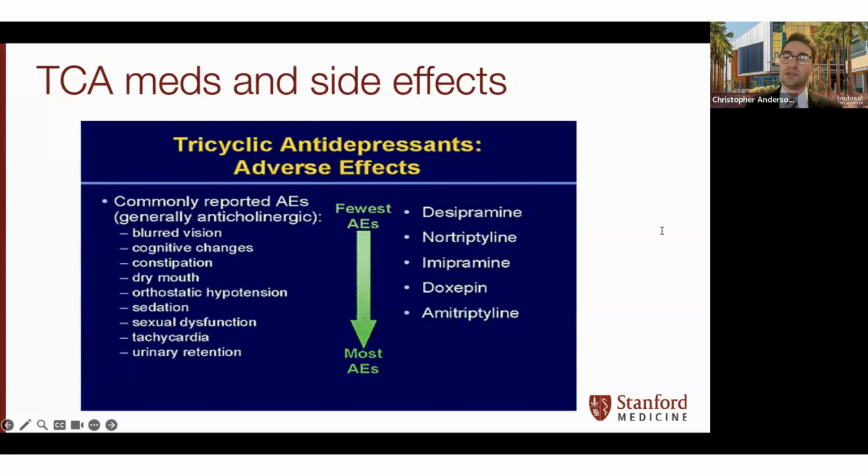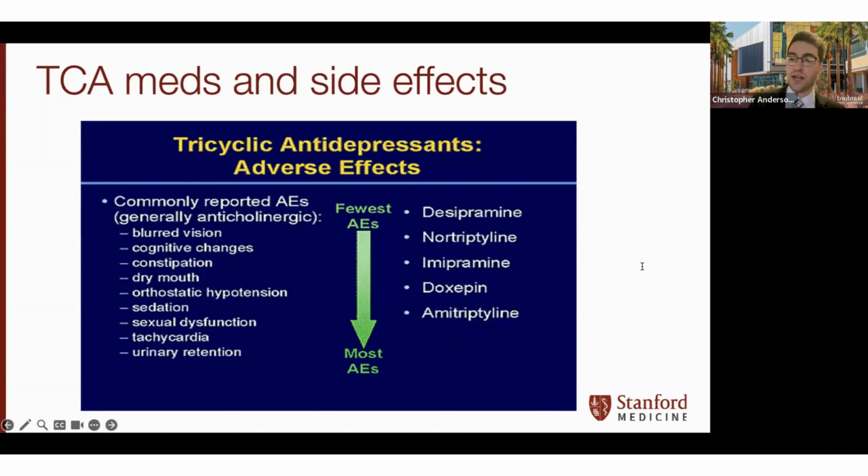But we can see that these other medications are more associated with side effects like blurred vision, cognitive clouding, dry mouth, constipation, low blood pressure with standing, which is called orthostatic hypotension, fatigue, sexual problems, urinary retention, and also weight gain, which is not listed here.